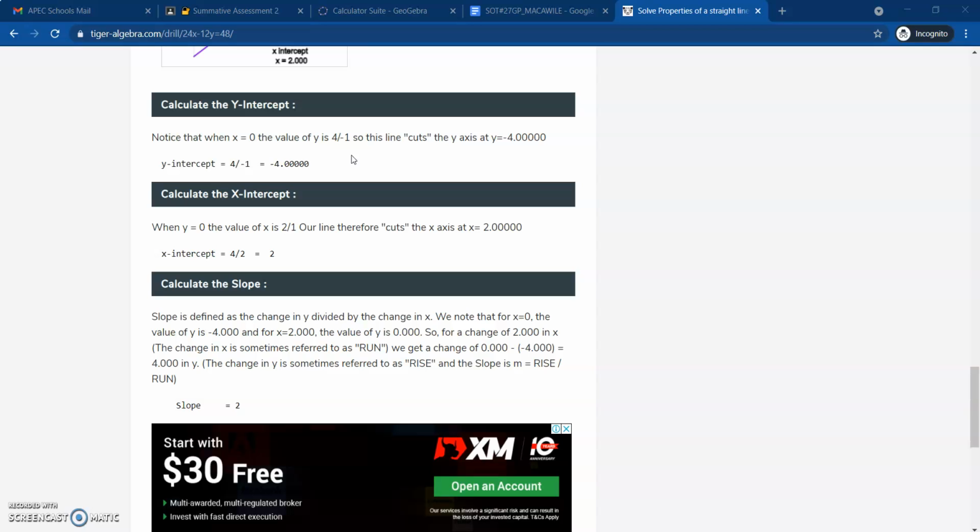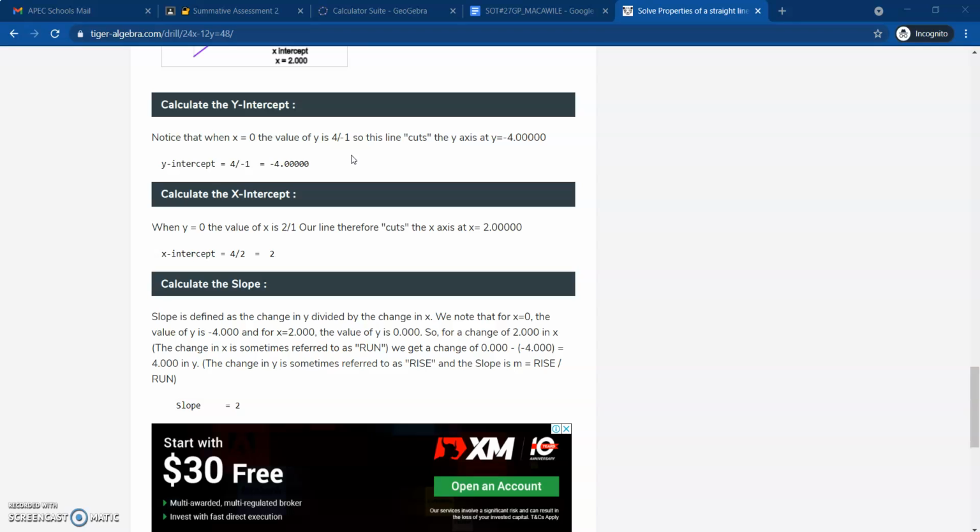Okay? The y-intercept is equal to 4 over negative 1, or should I say equals minus 4. When y equals 0, the value of x is 2 over 1. Our line therefore cuts the x-axis at x equals 2. Okay? The x-intercept here is 4 over 2, which is equal to 2.